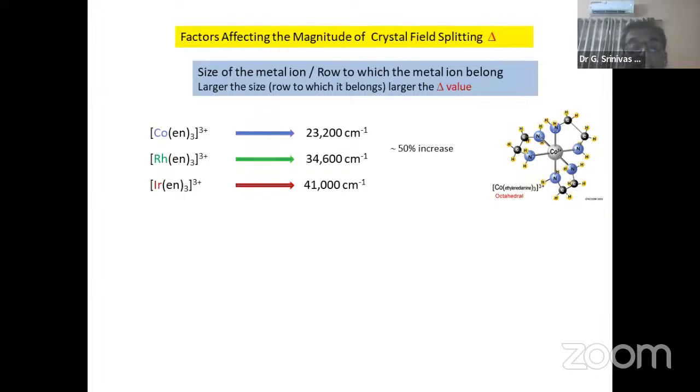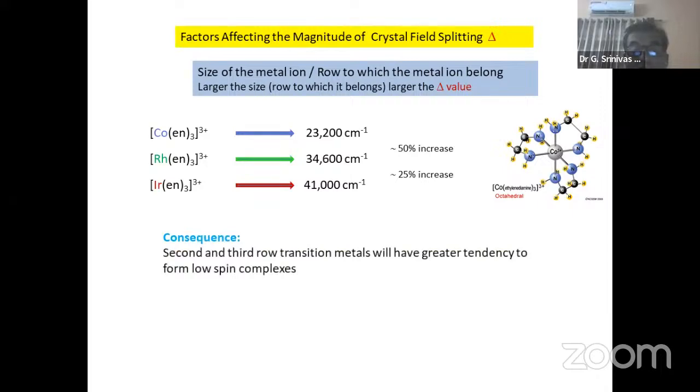So there is a 50% increase from 3D to 4D, and here 34 to 41 is a 25% increase. What is the consequence? Second and third row transition metals will have greater tendency to form low spin complexes. Here, first row is 3D series, second row is 4D series, and third row is 5D series.